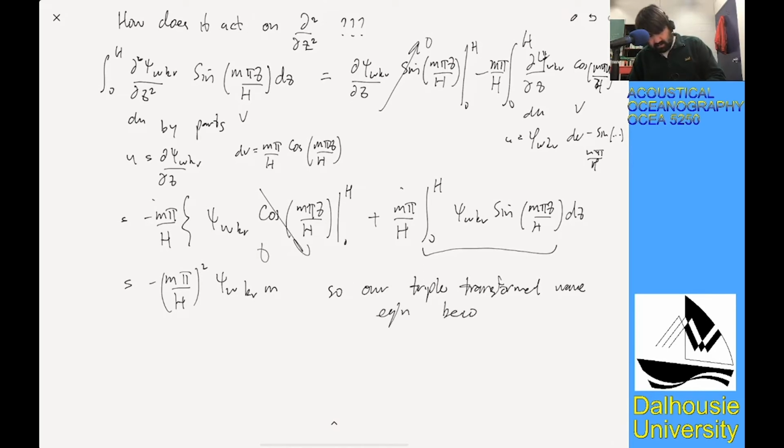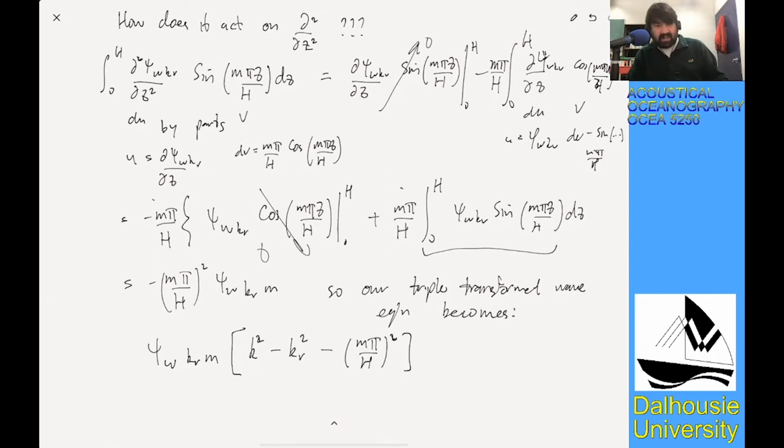So our triple transformed wave equation becomes, okay, well, we have our triply transformed pressure field, and then we're going to have our k squared, right, from our Fourier transform. We're going to have our kr squared from our Hankel transform, and then we're going to have our m pi over h squared from our finite Fourier sine transform.